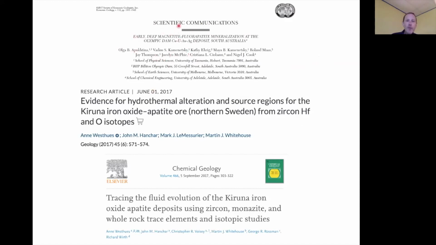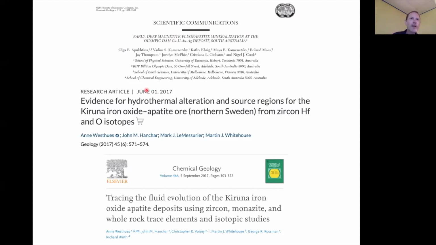Here's a great paper a couple of years ago about Olympic Dam. They make similar observations of these magnetite-rich ore bodies at depth. We see also papers written on Carrapateena, and both of these papers here, Anne Westhus, who I think now is in Vancouver working maybe for the British Columbia Survey. What Anne concluded in her studies of Carrapateena is that it formed by magmatic hydrothermal processes.